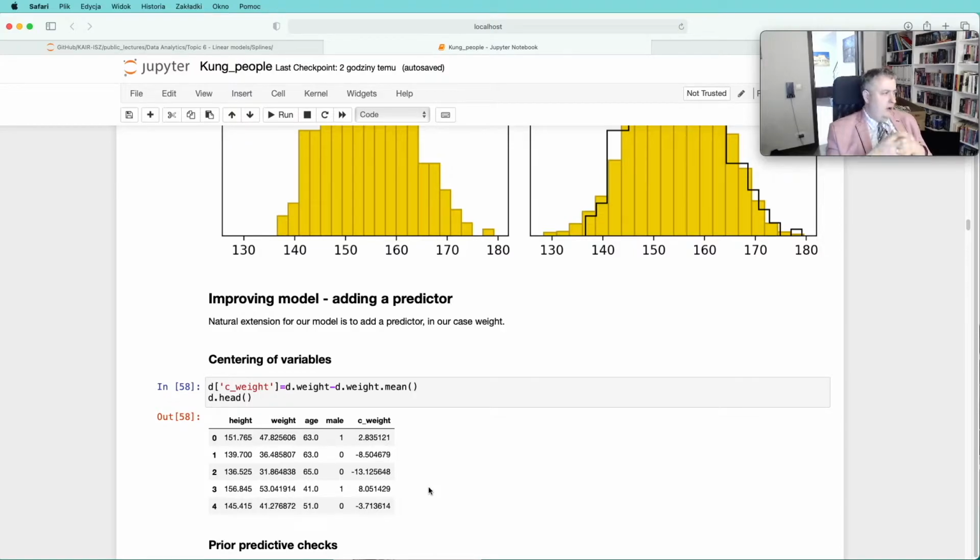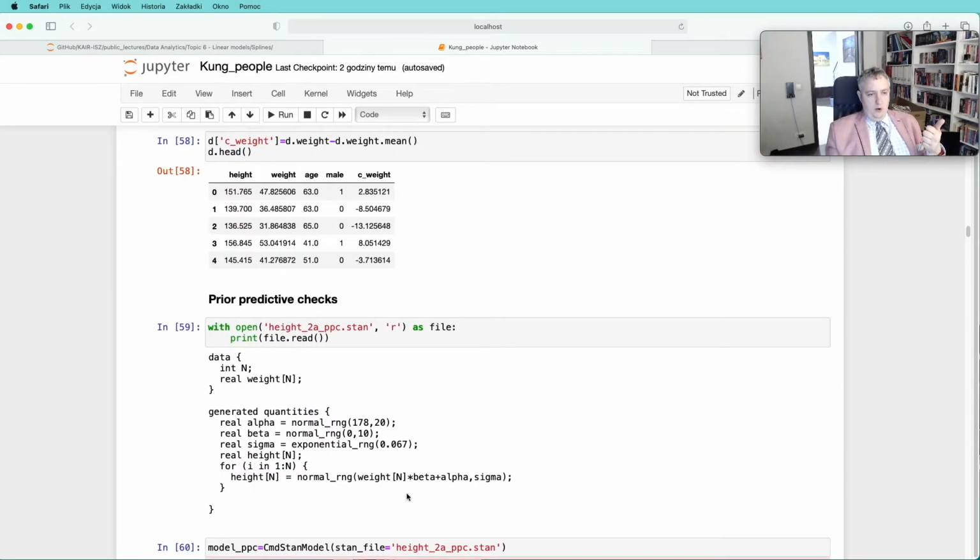Why is that useful? It is easy to interpret that the intercept coefficient of our linear model, so the alpha coefficient, will be the average height for people of average weight.